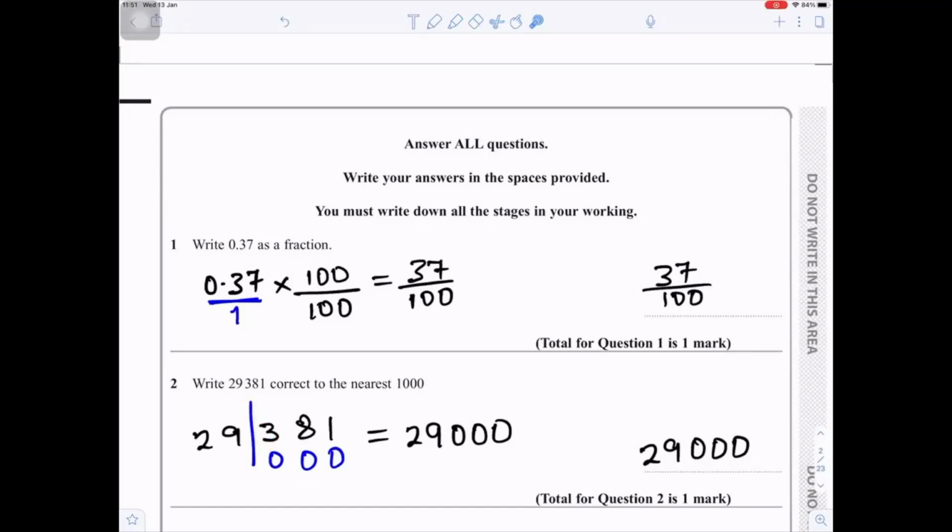The number 3 is smaller than 5. So you round it down. So all the other numbers become 0. So it becomes 29,000. So 29,381 to the nearest thousand is 29,000. It's nearer to 29,000. So that's what you do for the answer.